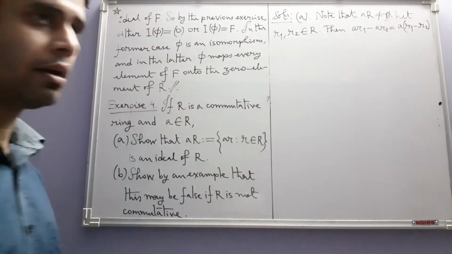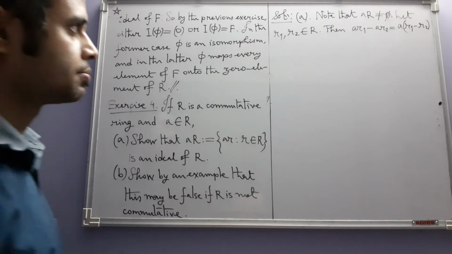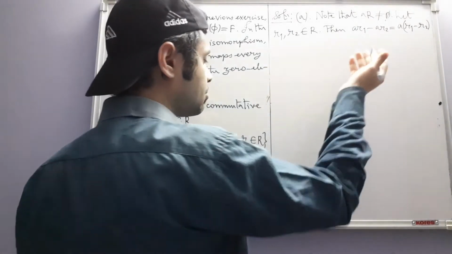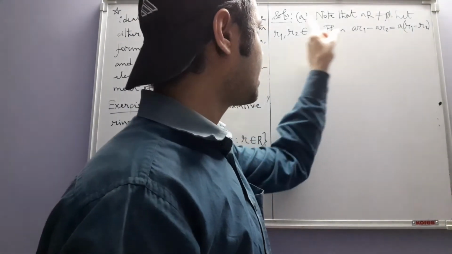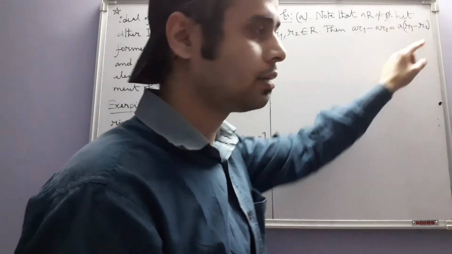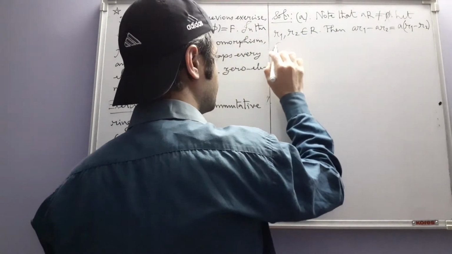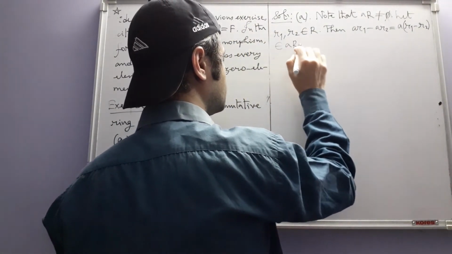Here basically we have used the left distributive law but along with some other things. Now look at this. Since R1 and R2 are ring elements, R1 minus R2 is again in R. So this is again such a multiple of A. So this belongs to AR.